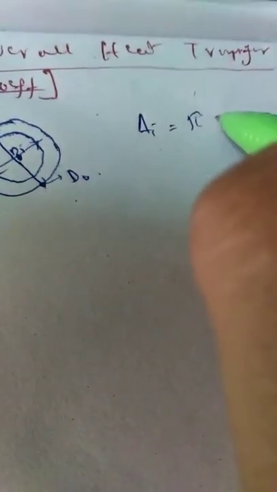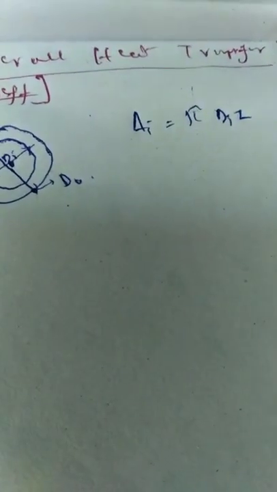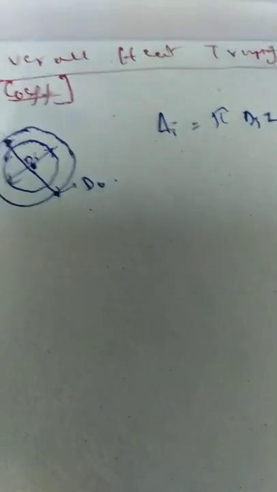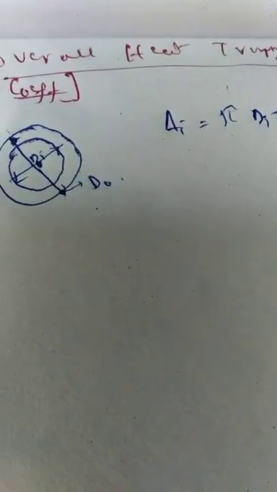So here AI will be pi Di into L. So this is the inside area.